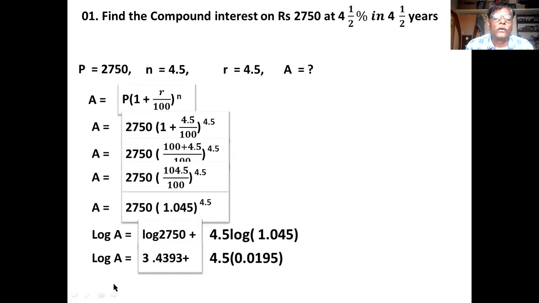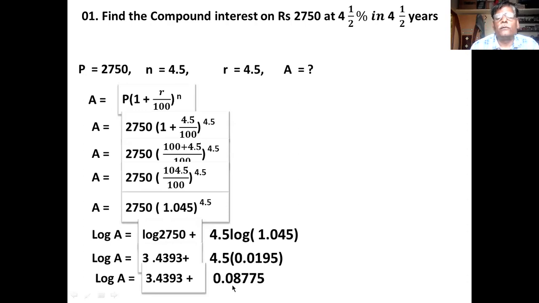Then in the next step, log A is equal to, first you write it as it is and multiply by 4.5 for the second part. 4.5 into 0.0195. If you multiply this, its answer is 0.08775. You may forget the last number.